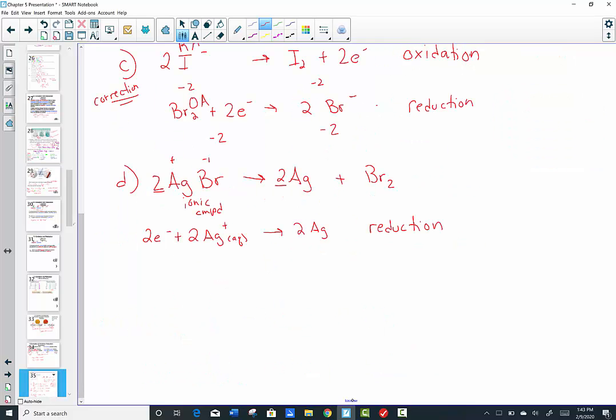And the negative ion of bromide goes on to form its element Br2, and to do that it had to lose 2 electrons, and there's your oxidation half reaction. Loss of electrons, oxidation, makes the bromide the reducing agent, and it makes the silver the oxidizing agent.